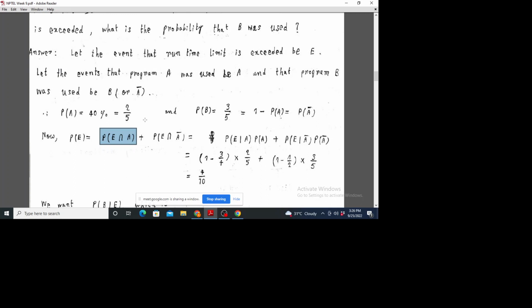So here E intersection A means program A has been used and the runtime has been exceeded. Okay. And the formula for this is this. This is the formula for intersection events.